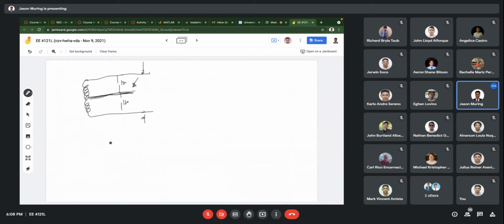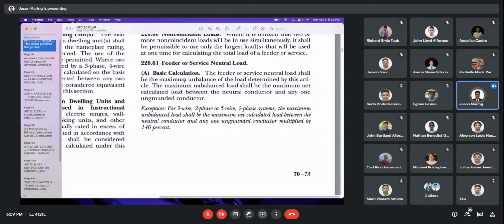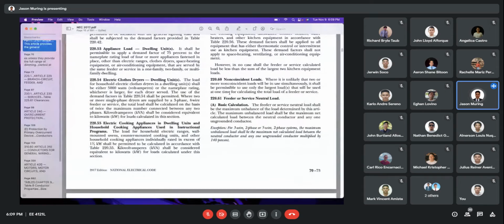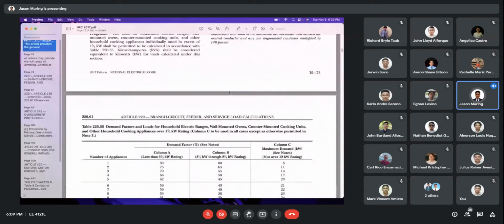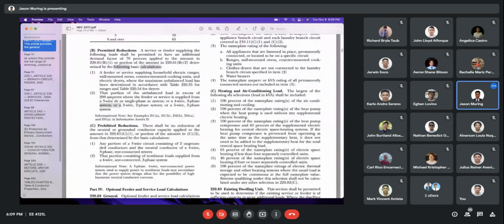But in our case, since we are using single phase, whatever is the current here will be the same current here. We don't have a neutral to cancel out some of our loads. But anyway, it's good to know this calculation for feeder neutral in case we have two phases.